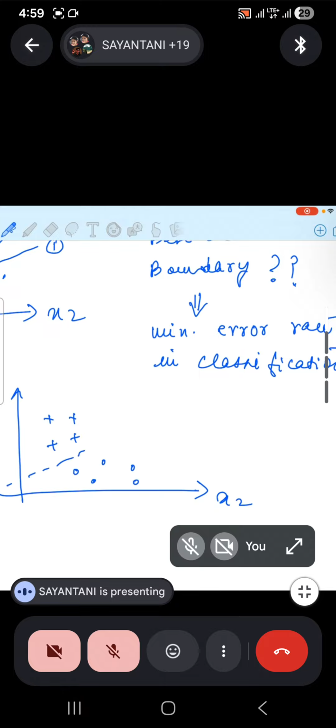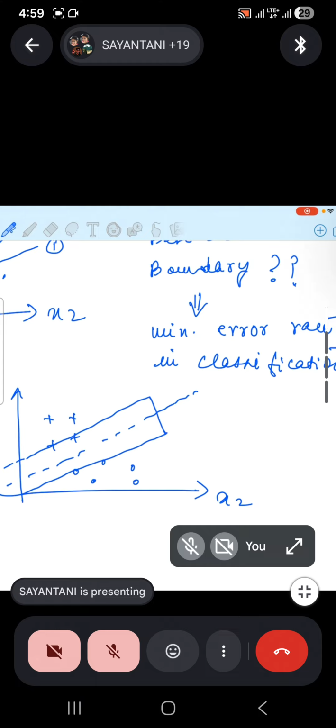So I can utilize a single line to separate these two sets of points, but instead of that, I am going to draw a line having some thickness, right? This thickness is the margin.